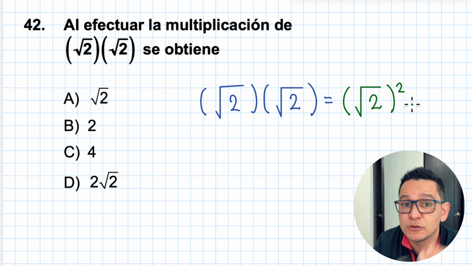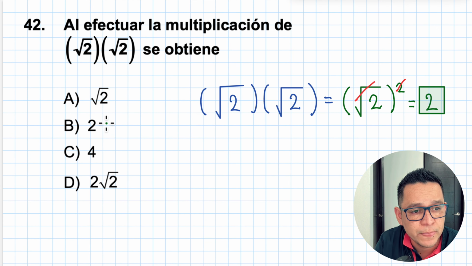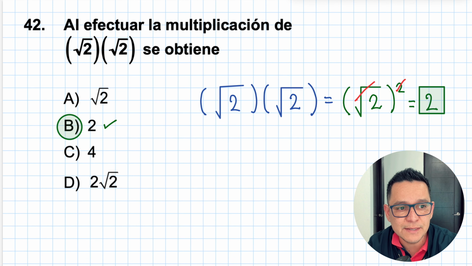Because we have the square root of 2 times the square root of 2. That's the square root of 2 squared. The root and the square cancel each other out, and I'm just left with 2. That's it. The solution to exercise number 42 is 2. It's that simple. So let's select option B. Done. We're finished. Perfect. Let's move on to exercise number 43.